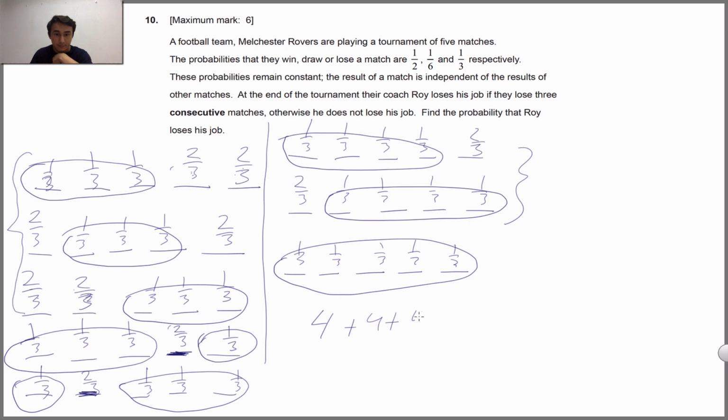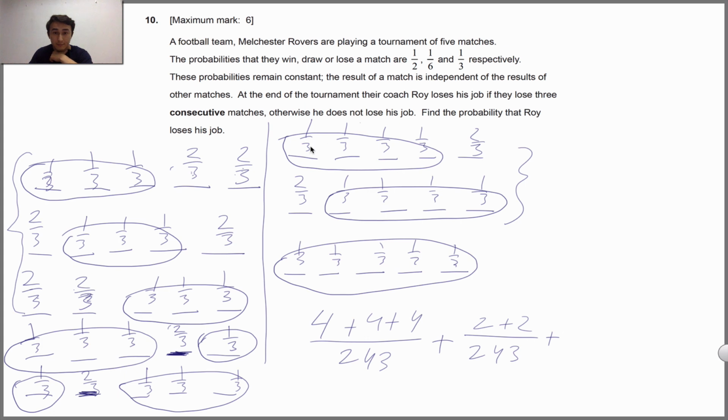So 3 times 4 over 3 times 3 times 3 times 3 times 3, which is 243. Plus, for these 2 last scenarios, we have 1, 1, 1, 2, 1 on the top, so we have 2 plus 2, over 243.